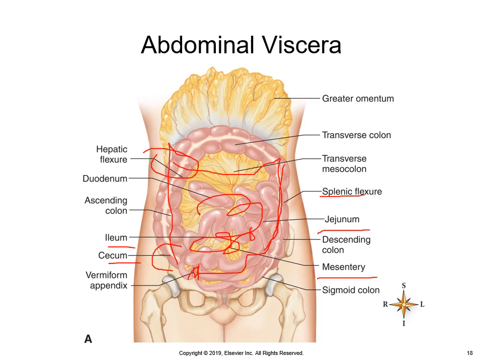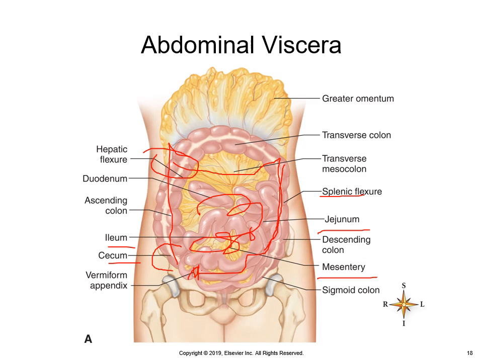Also, within the colon, we can have things like diverticulitis, which is inflammation of diverticuli, which are pouches that are in the colon. Often, this diverticulitis is going to occur near these flexure areas or near the sigmoid colon.